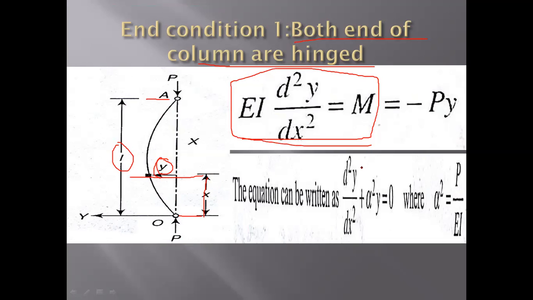That we know already from the deflection of beam chapter. Now here, what is the moment M? M is P multiplied by Y.